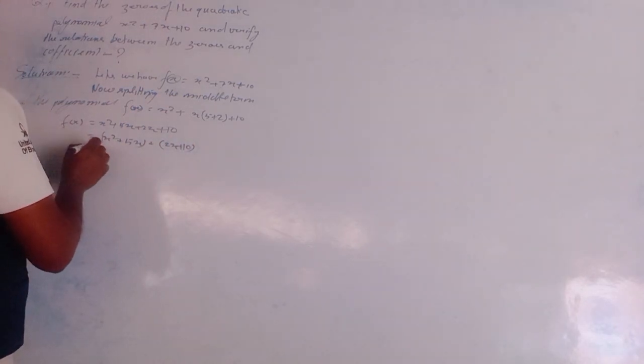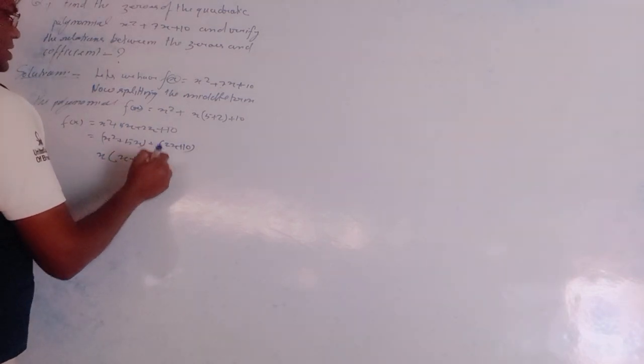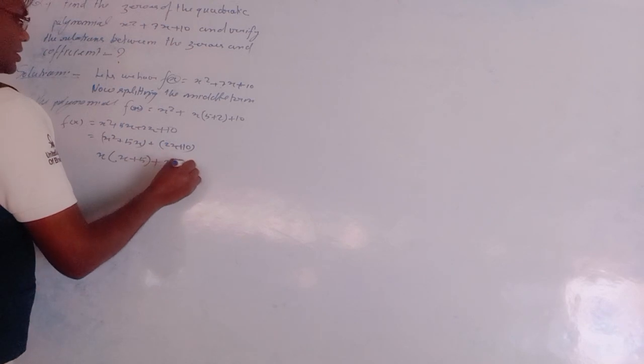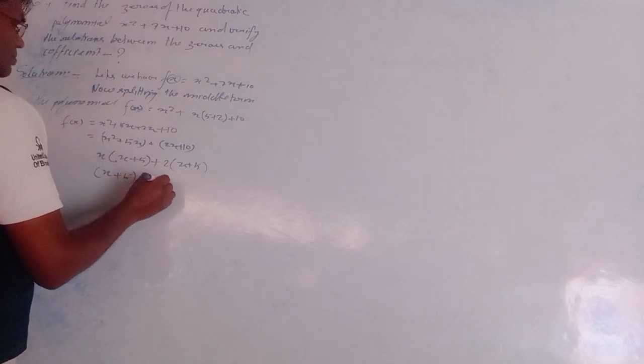So we will take x common from the first group, x plus 5, and 2 common from the second, 2 times x plus 5. Then we get x plus 5 and x plus 2.